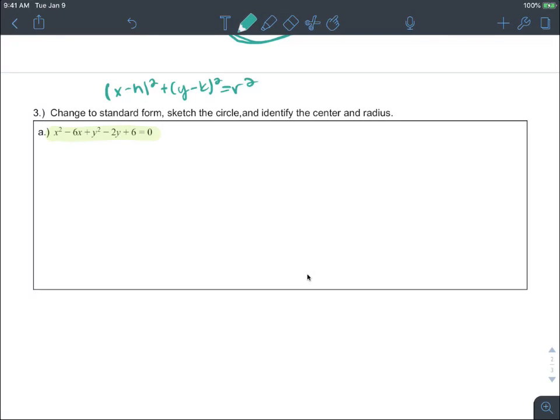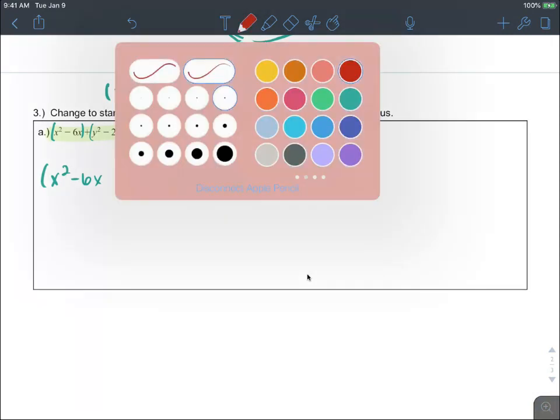So I'm going to group the x's and y's, and I'm going to move over the 6 to the other side. So I get x squared minus 6x, leave a little room, plus y squared minus 2y is equal to negative 6. All right, time to complete the square.